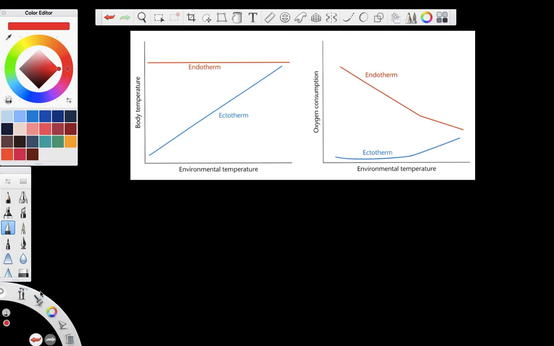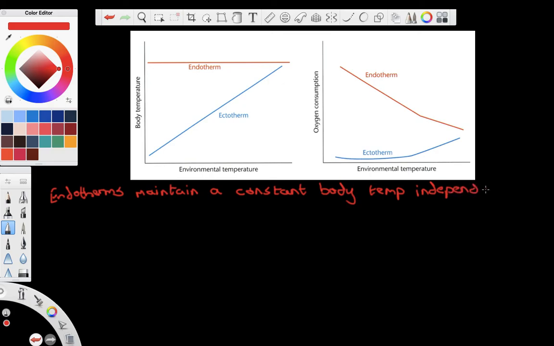So we can say, first of all, that endotherms maintain a constant body temperature independent of the environment.